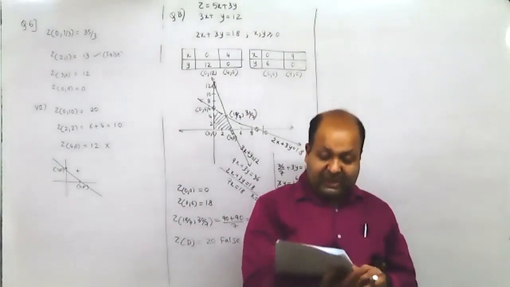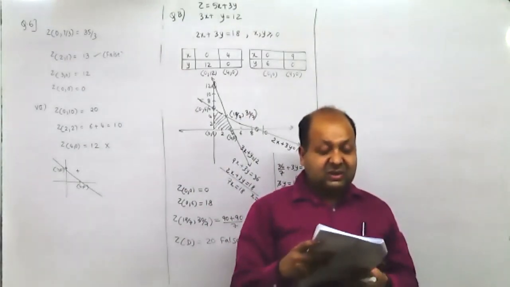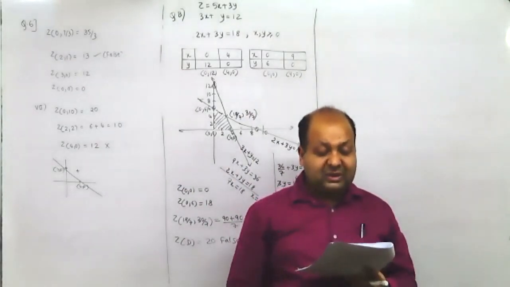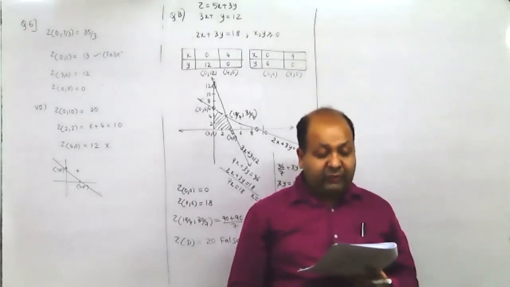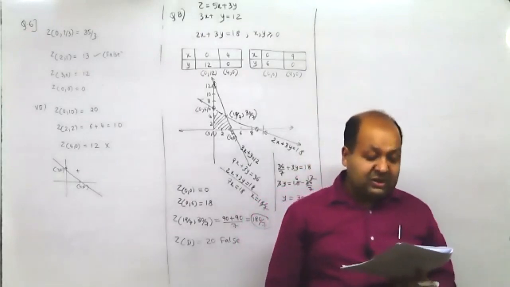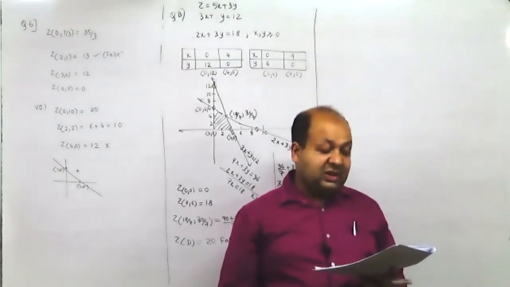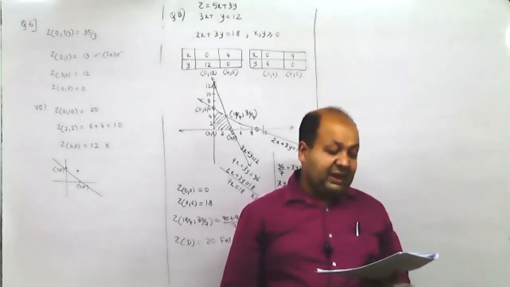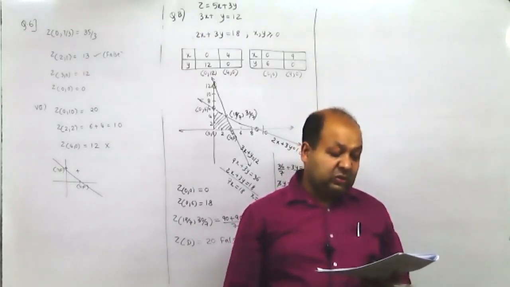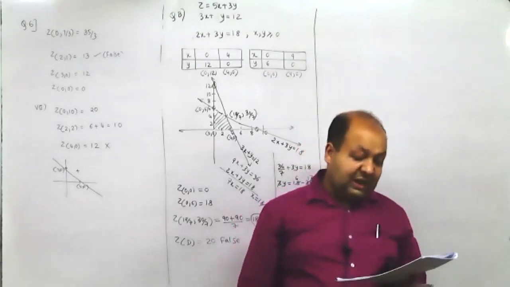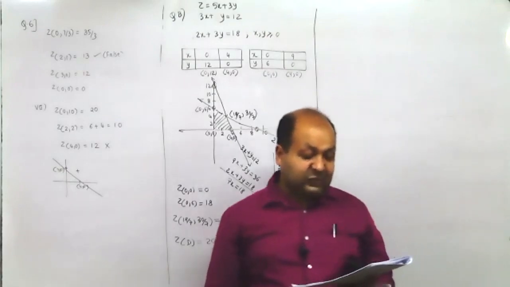Second, don't mark the second one. Third one is true. Fourth one is true. Fifth one is false. Sixth one is false. Seventh is false. Eighth is true. Ninth is true. 10th is false. And 11th is true. 12th is false.